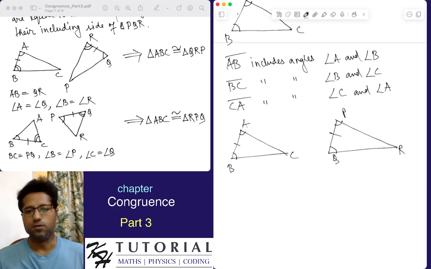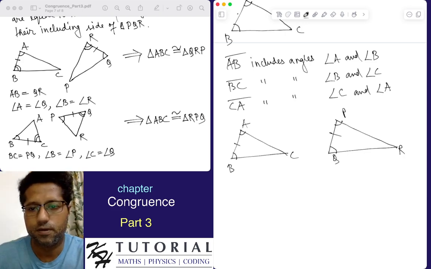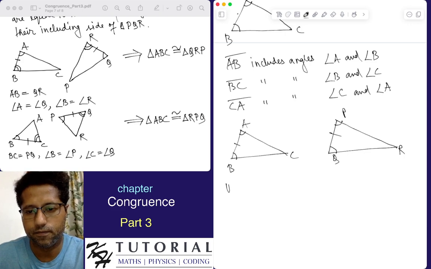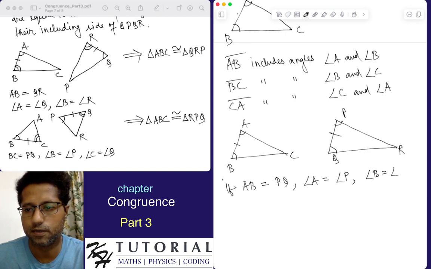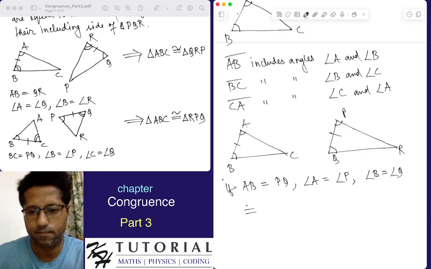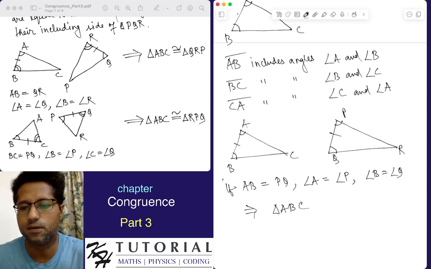So if in these two triangles I have AB equal to PQ, angle A equal to angle P and angle B equal to angle Q, I can say that these two triangles are congruent, and the congruence relation will be triangle ABC is congruent to triangle.